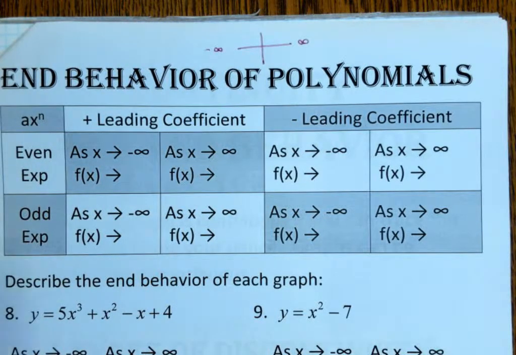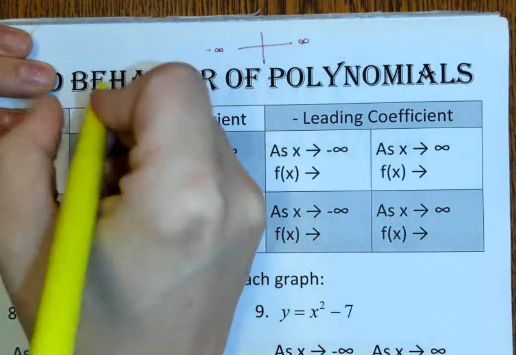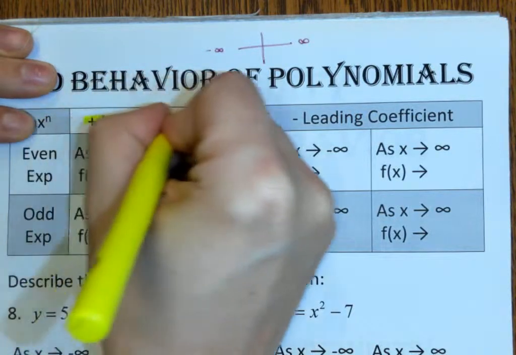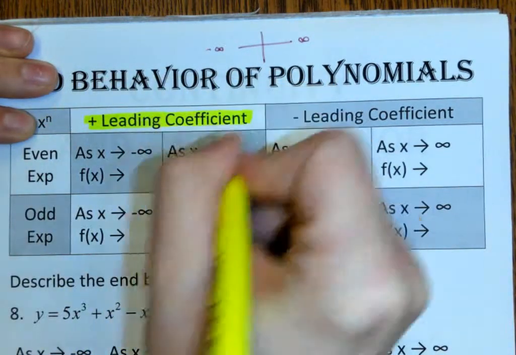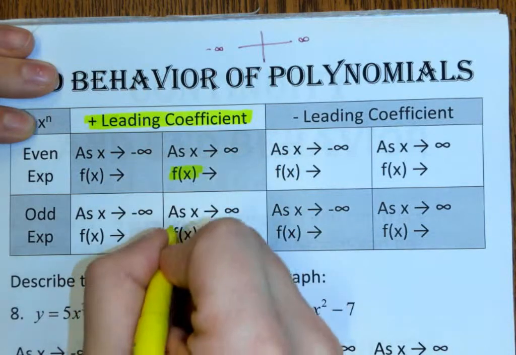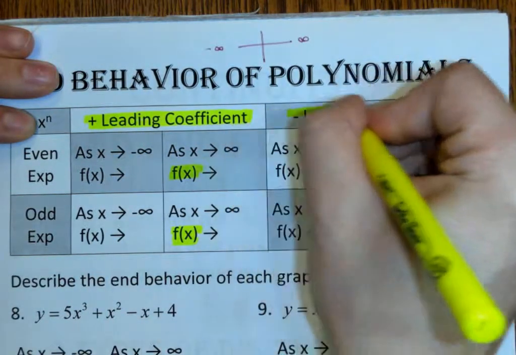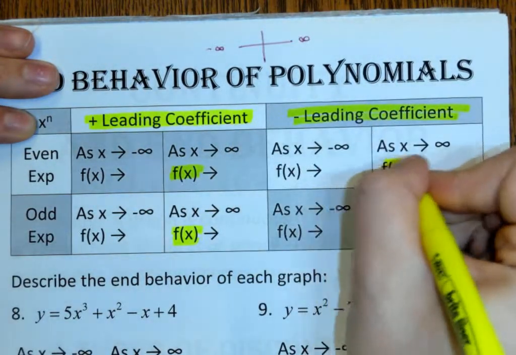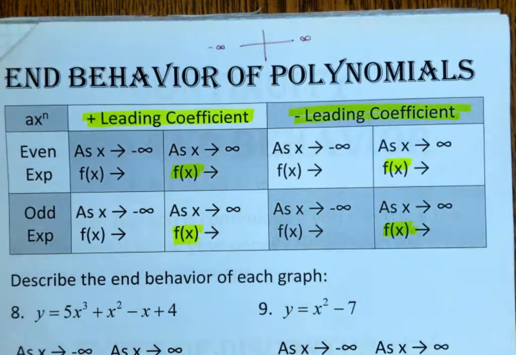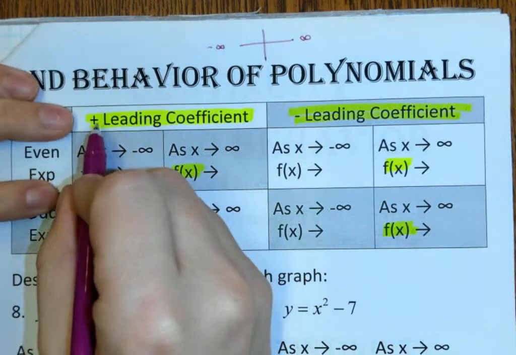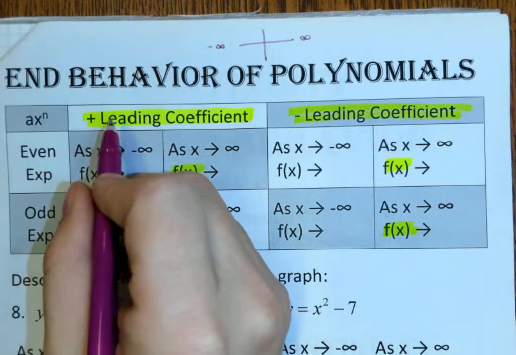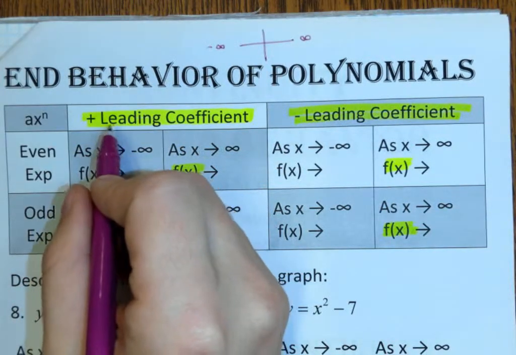And the reason why, if your leading coefficient, this is what I start with. I start with my leading coefficient, and it tells me what happens on the right-hand side of my graph. Watch how easy this is. If my leading coefficient is positive, which direction is positive, up or down?